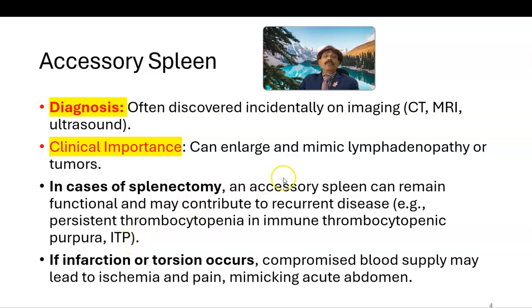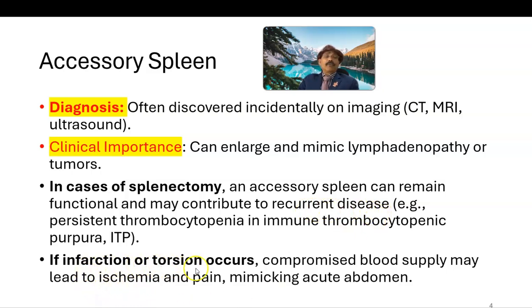So when splenectomy is done, one should also take out the accessory spleen. Otherwise, it may remain functional and contribute to recurrent disease.